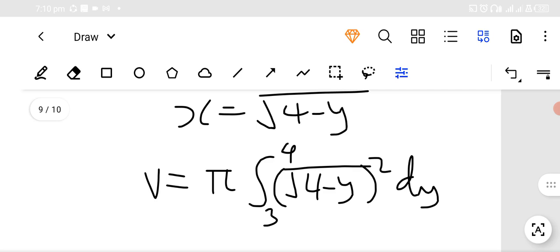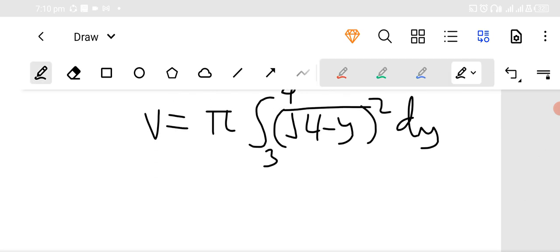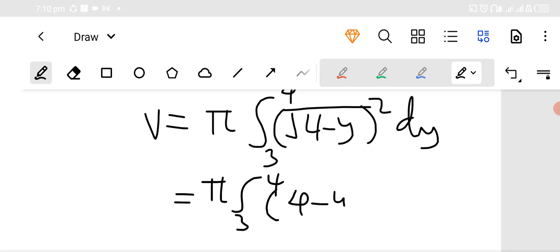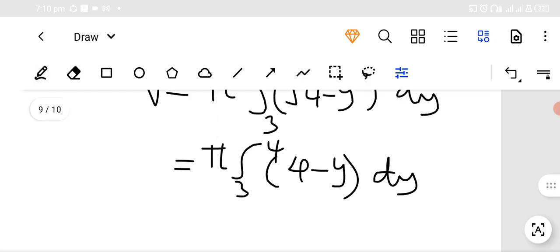Simple as that. So it's going to be equal to pi integral from 3 to 4. Then what is inside the parentheses will just become 4 minus y, because if you square a square root, you're just going to remain with what is inside the square root. I hope that makes sense.